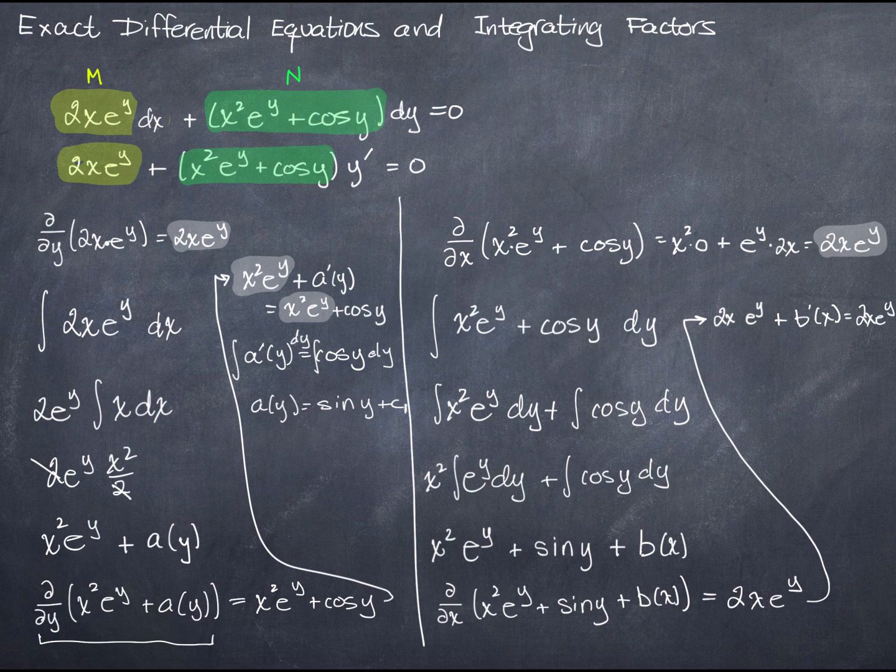I have a 2x e to the y here and a 2x e to the y here. So term by term, b prime of x has to equal whatever's left on the other side, which is 0. And when I integrate that, it's all in terms of x, so I integrate dx, and b of x is just some constant.